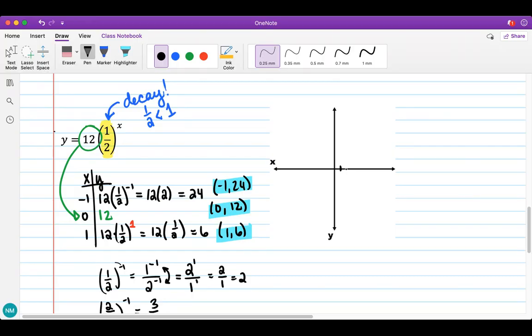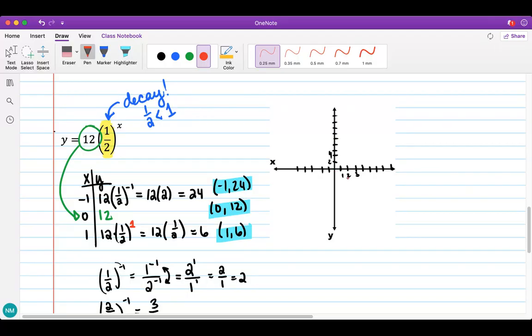These are going to go by 1s. And then these are going to go by 1s. So 1, 2, 3. These are going to go by 2s. 2, 4, 6, 8, 10, 12, 14, 16, 18. Okay? So 2, 4.